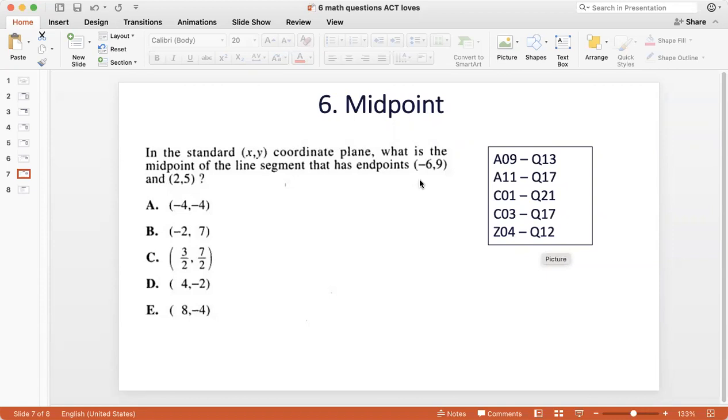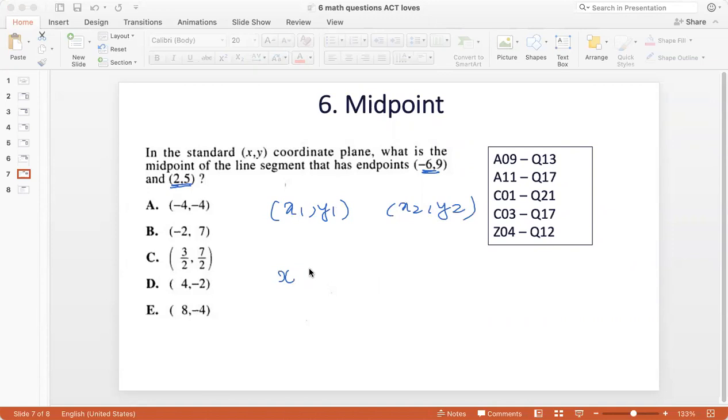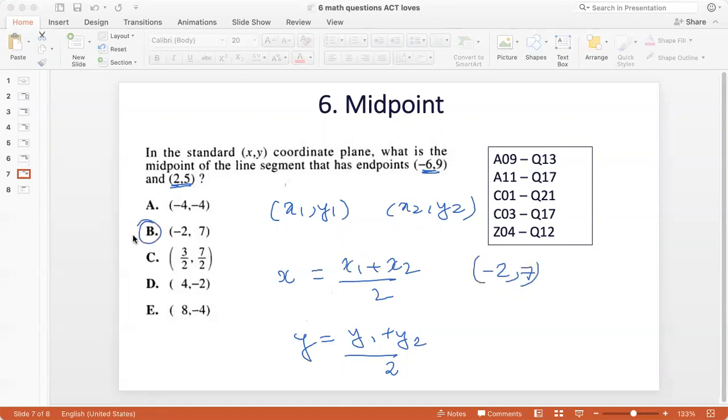If the endpoints are x1, y1 and x2, y2, then the x coordinate of the midpoint is x1 plus x2 by 2, and the y coordinate of the midpoint is y1 plus y2 by 2. So here, with endpoints -6, 9 and 2, 5, the midpoint would be -6 plus 2, -4 by 2, which is -2, and 9 plus 5, 14 by 2, which is 7. So -2, 7.